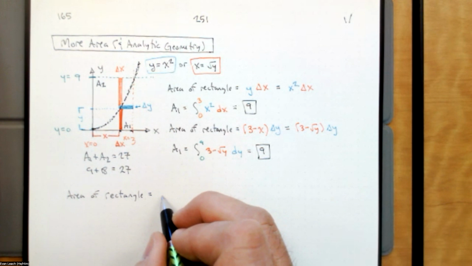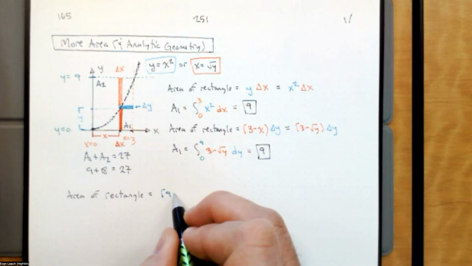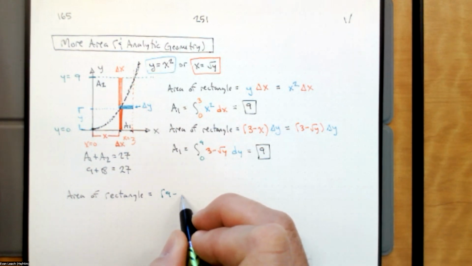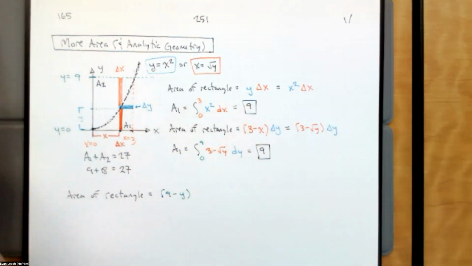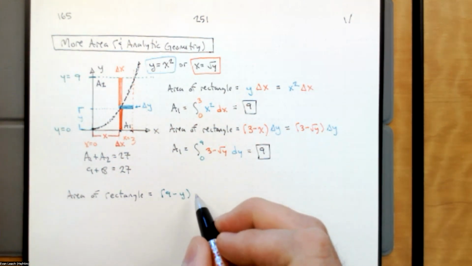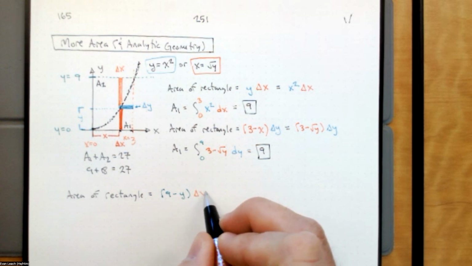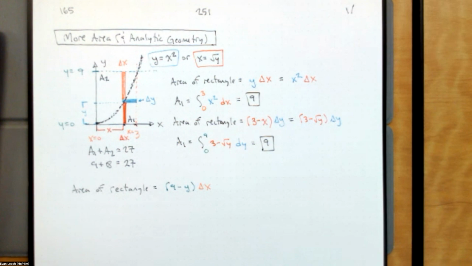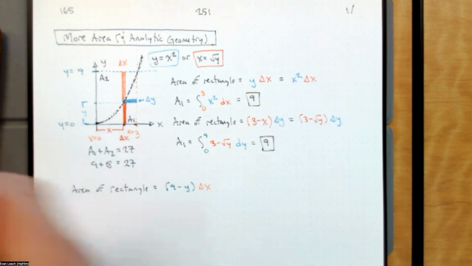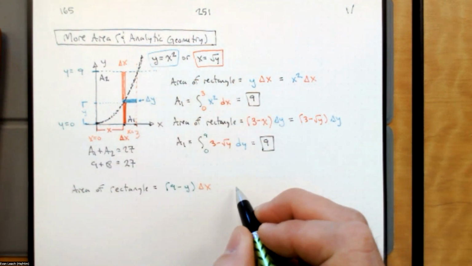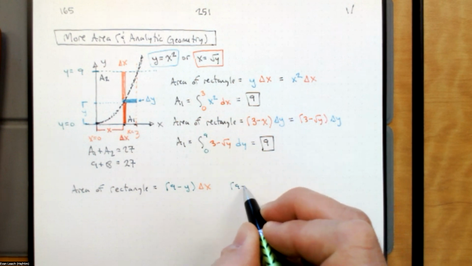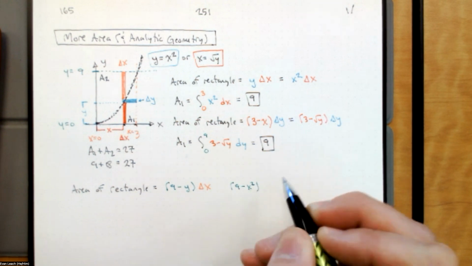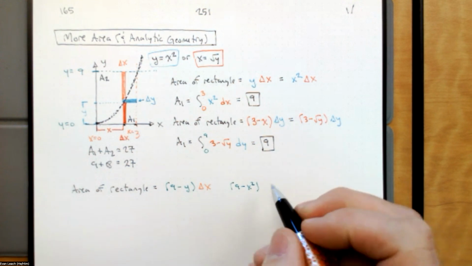So for the area of the rectangle, I'm going to have 9 minus y. That we're going to have to convert because this is written with a delta x, and I want a function of x. So I just replace my y with x squared, because that's the relationship between x and y. So this is going to be 9 minus x squared times the delta x.